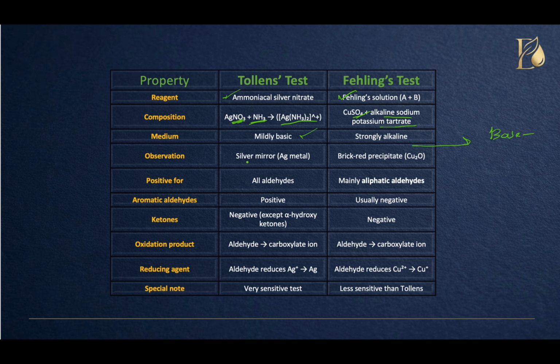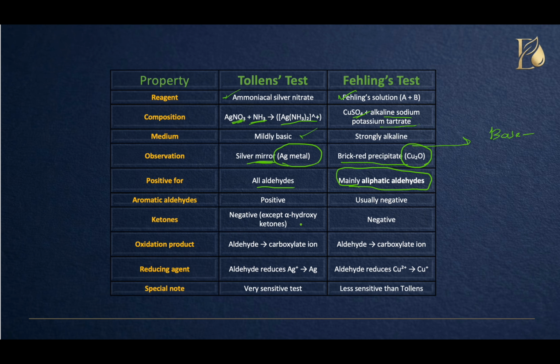Next, in Tollens test, a silver mirror will be formed due to the formation of silver metal, and in Fehling's test a reddish brown or brick red precipitate will be formed due to formation of Cu2O. Tollens test is positive for all types of aldehydes, while Fehling's test is positive for aliphatic aldehydes. Aromatic aldehydes will not give this reaction.